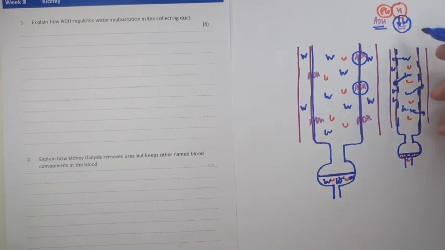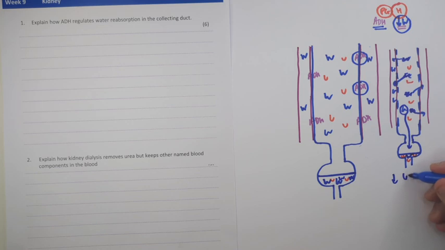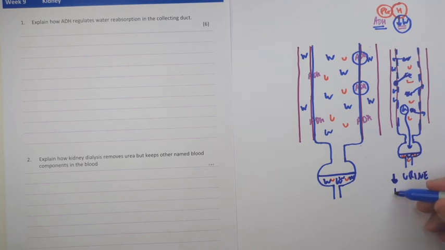Therefore, if you're dehydrated, the water's been reabsorbed back into the blood, and all you've got here is this water molecule entering there. So you're going to have less urine, because there is less water in the urine.